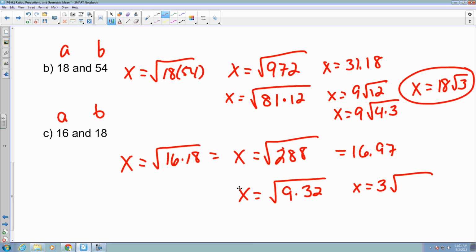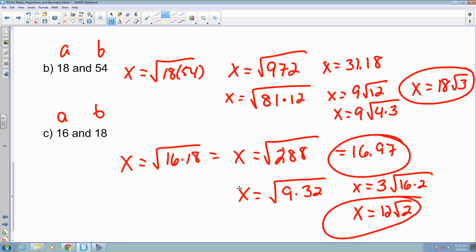I can break down 32 by saying 16 times 2, and the square root of 16 is 4, so x actually could equal 12 times the square root of 2. So that's your approximate answer, and that is your more precise answer.